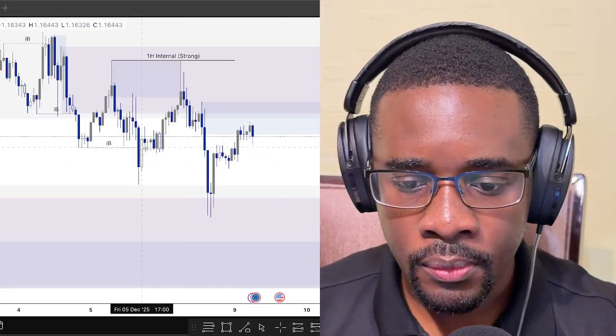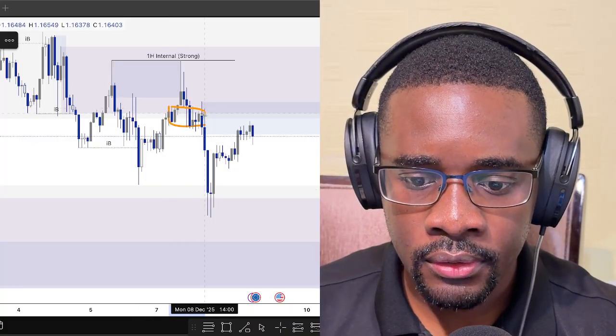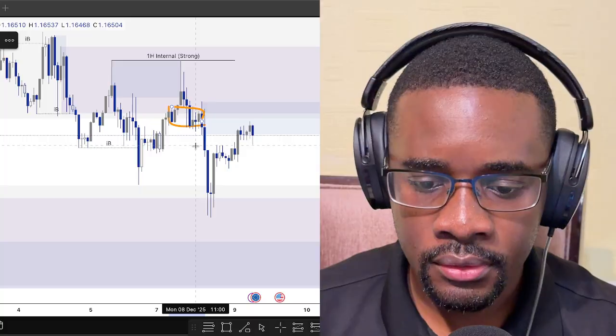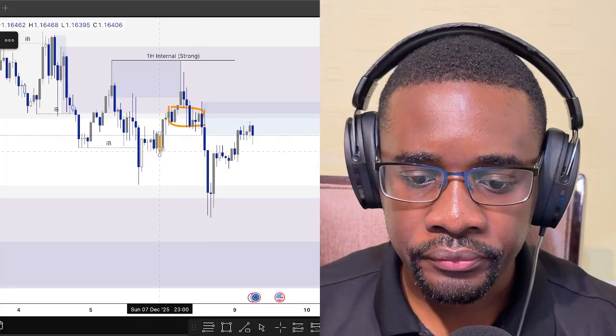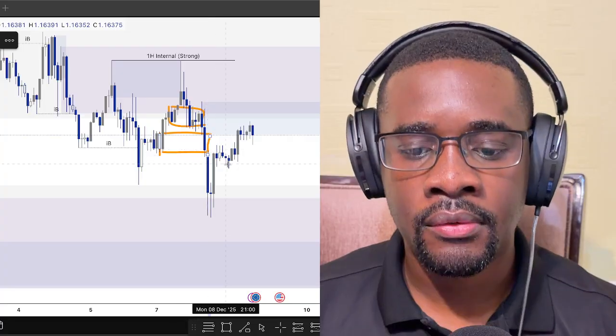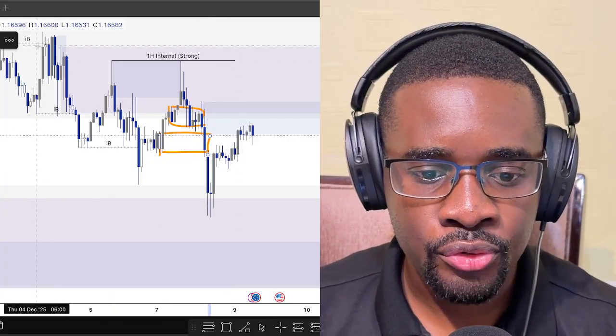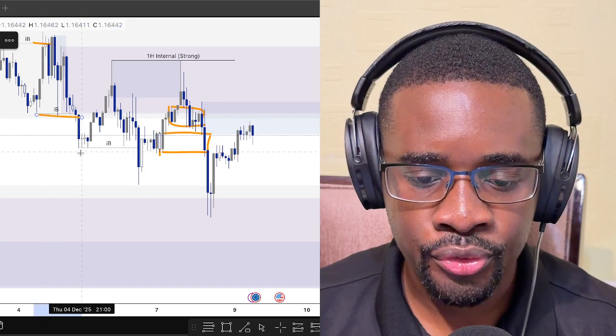So when we looked at the 1-hour, I had mentioned that this 1-hour demand was not the strongest. This one was better. But because the context is that the 1-hour has switched bearish, we had bearish breaks of structure here.